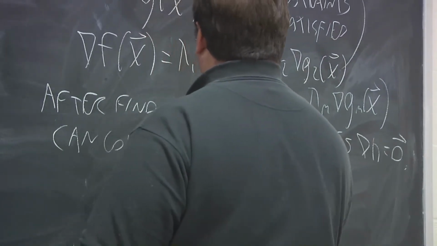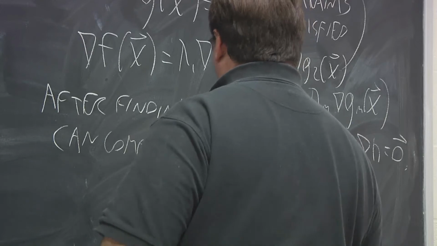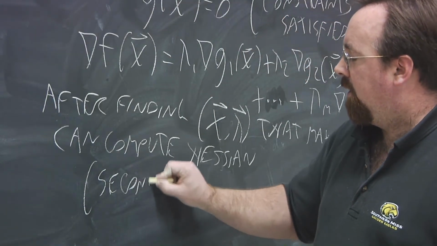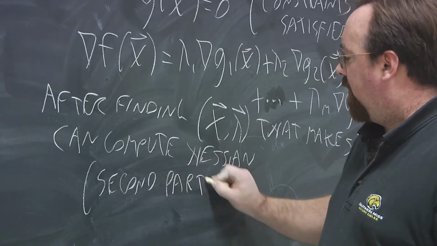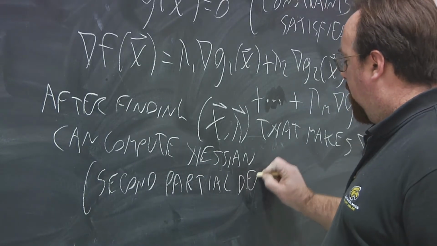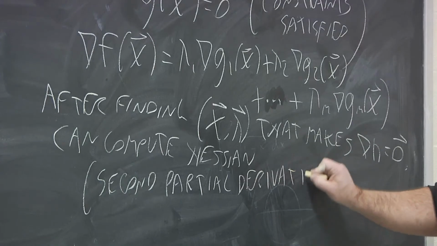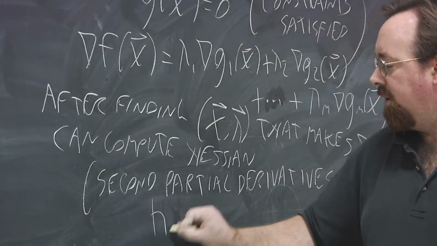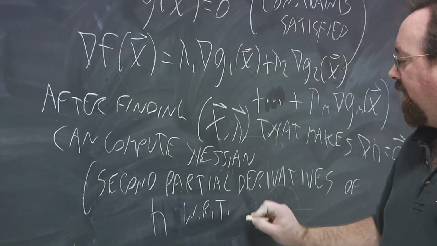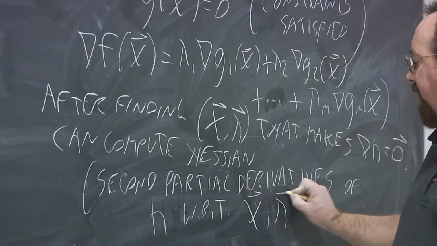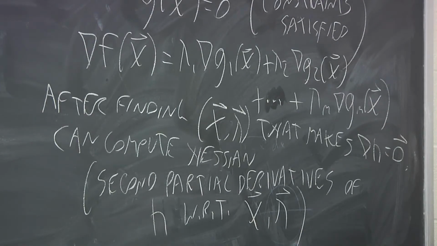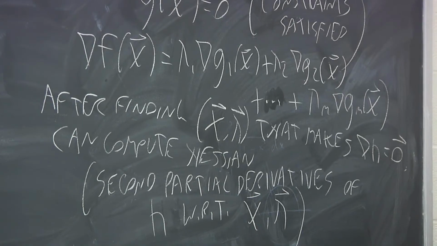You can compute the Hessian, which is the second partial derivatives of h with respect to the x variables and the lambda variables. So you have to account for them both. So it's a larger Hessian matrix than if you were just finding an ordinary max-min of f by itself with no constraints.